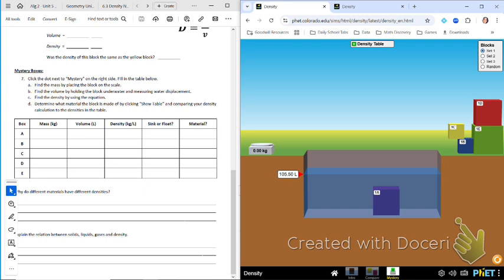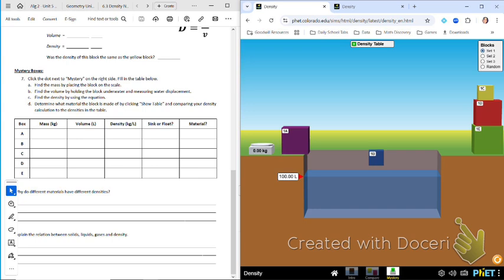Find the density by doing the equation. Actually, we'll do that in a second. We're going to do mass and volume for all of them. For B, mass is 0.4.